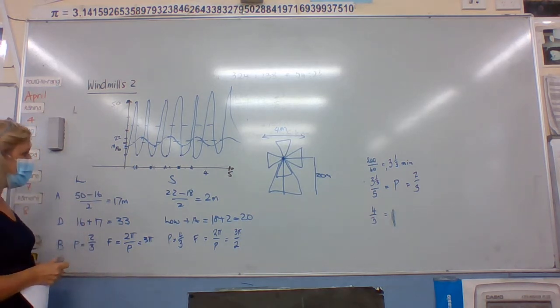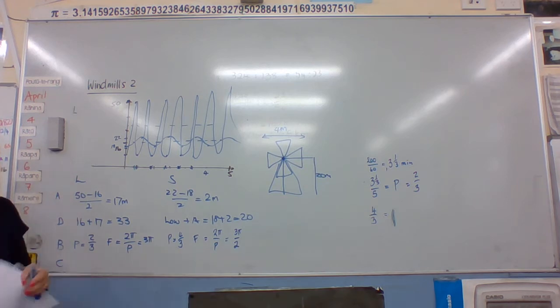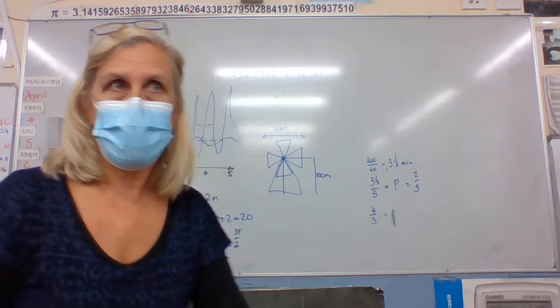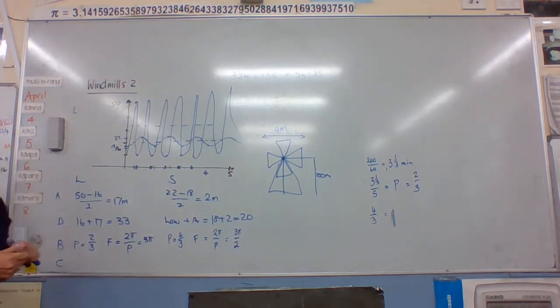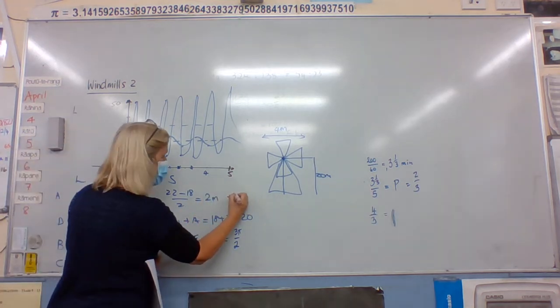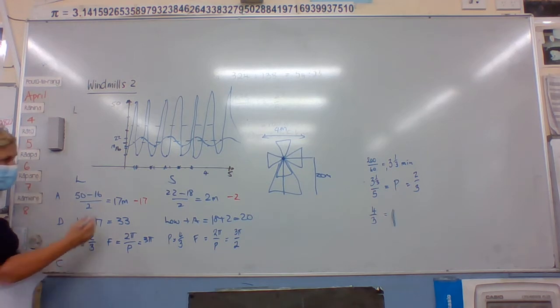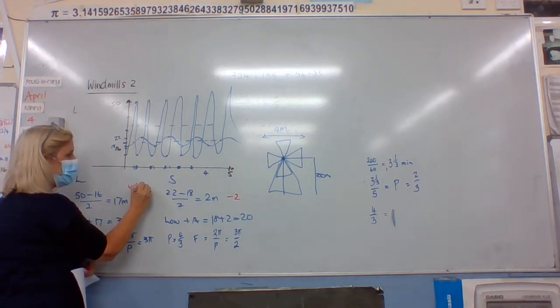All right? So because it's upside down, which of these letters is going to change to a negative? Which letter? Good, A. So this is going to be negative 17 and negative 2 to give us that upside down cosine.